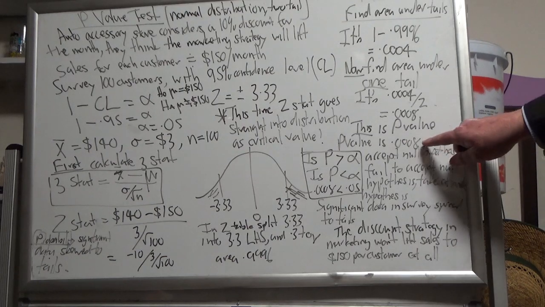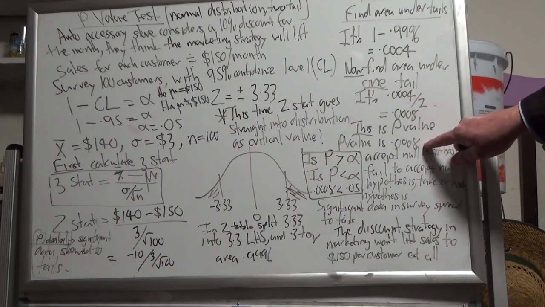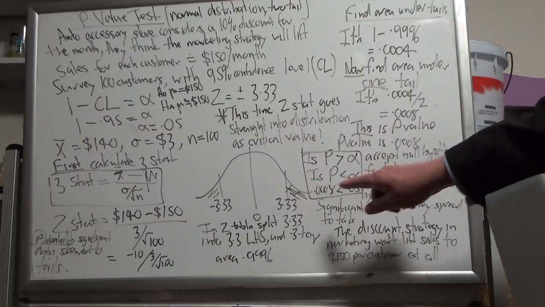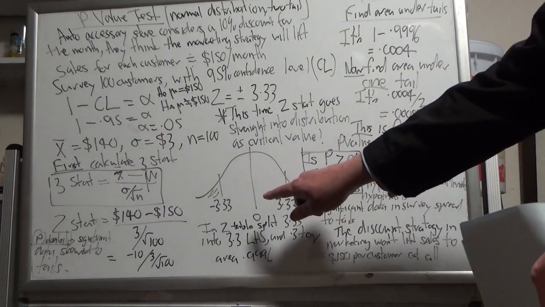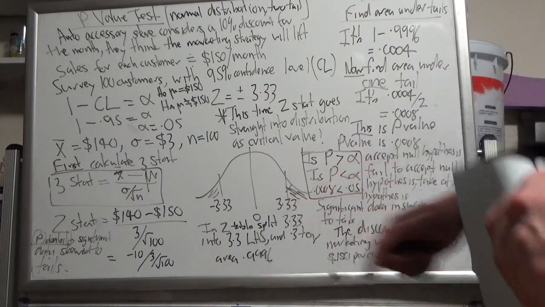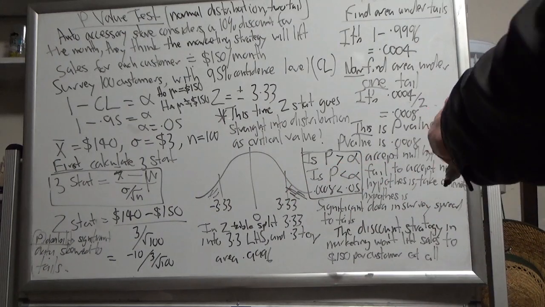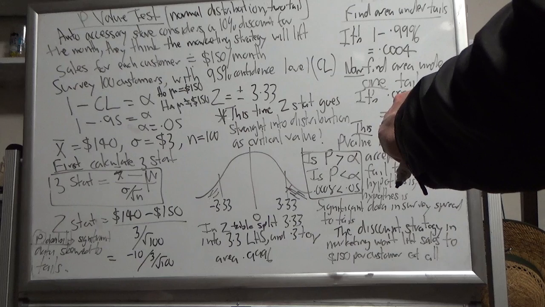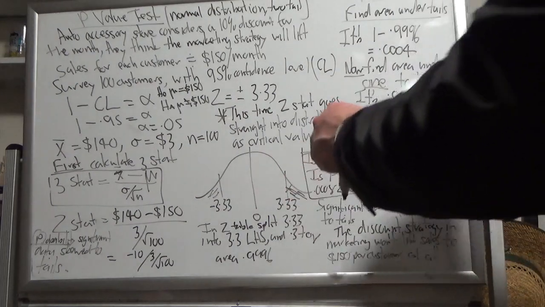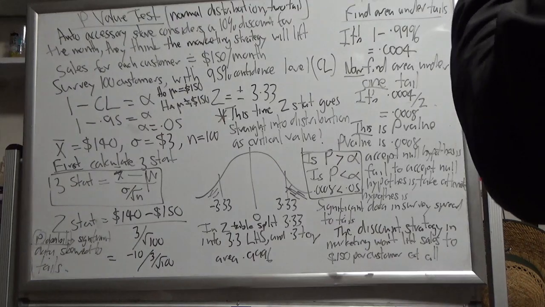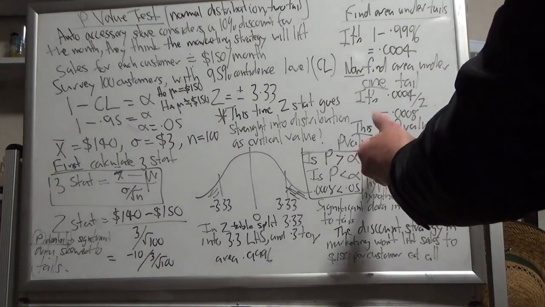So our p-value is quite small. Actually, that's a positive number. I might have thought that was negative.